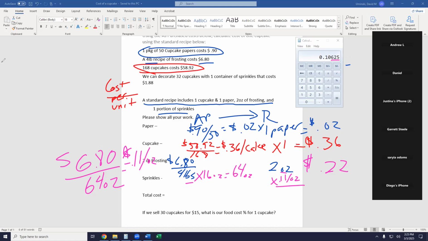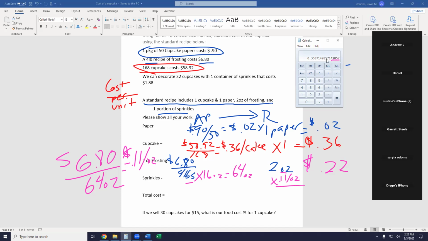Because if we take a look really quickly, normal rounding rules would say that because this is a zero, this stays at 35 cents. But we always round up to the nearest penny, because all of these numbers right here represent a portion of a penny.